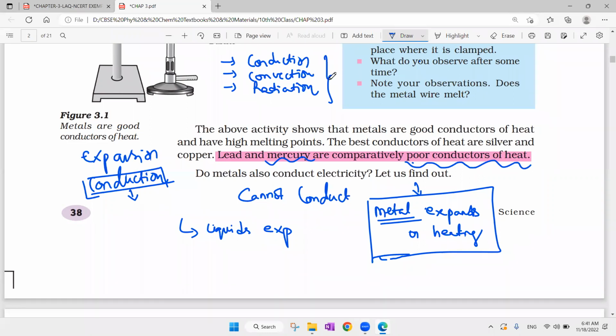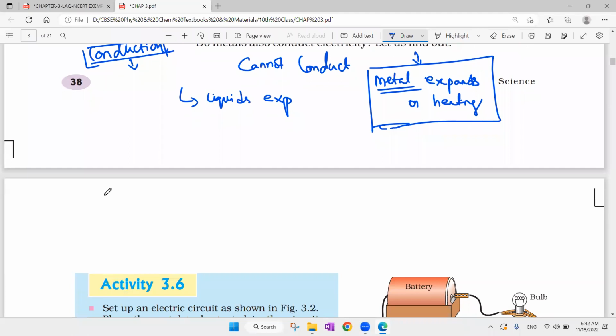These three words we use for heat energy. I'll tell you. These three are used to explain how heat energy will be transferred from one to another. Here I'll explain.